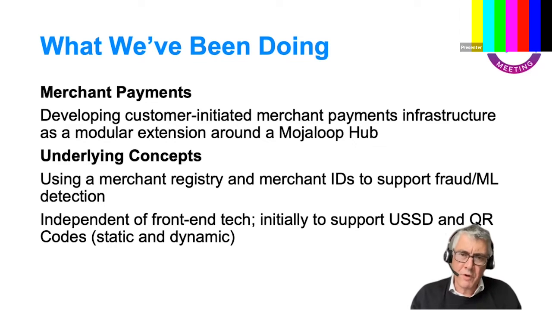It uses a merchant registry and merchant IDs to support fraud and money laundering detection. It's also independent of the front-end tech. A lot of the work that we've been doing is aimed at supporting USSD and QR codes, both static and dynamic, but it could be any front-end, because the bulk of the work, the infrastructure below that, is independent of that front-end tech.